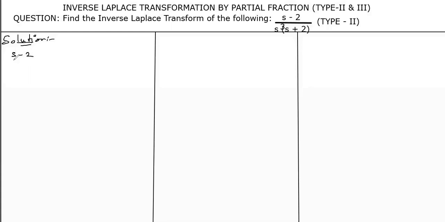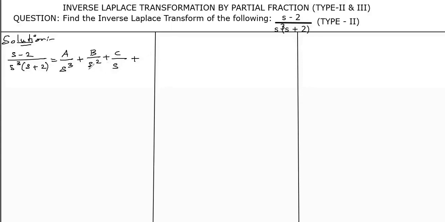It is given s minus 2 over s cube times s plus 2, and we will fit this according to partial fraction. First I'm going to take it as a over s cube plus b over s square plus c over s. See, I have split the s cube like this: s cube, s square and the single power.